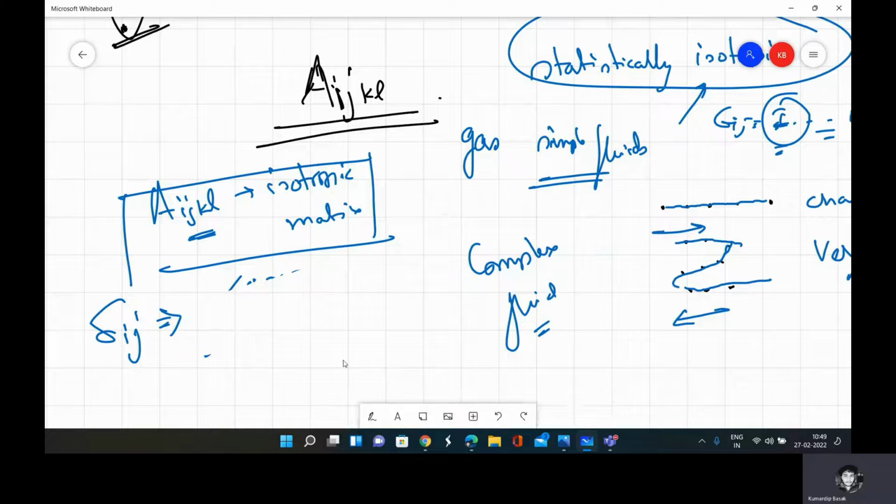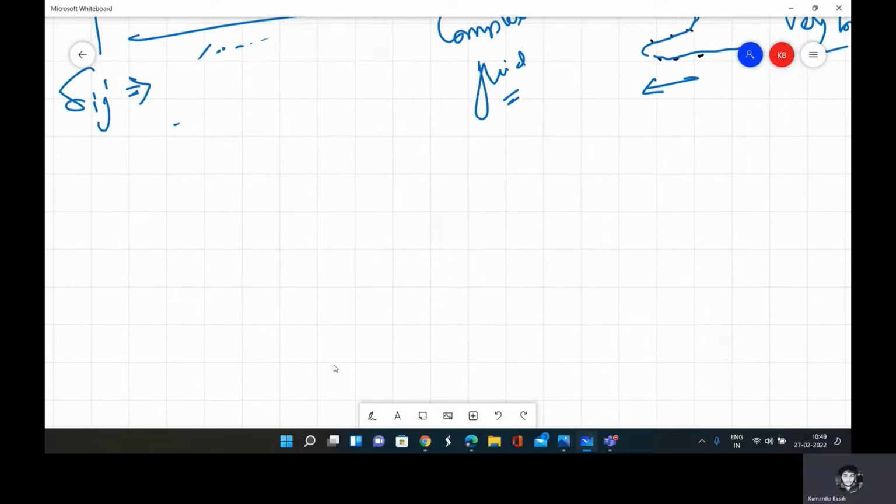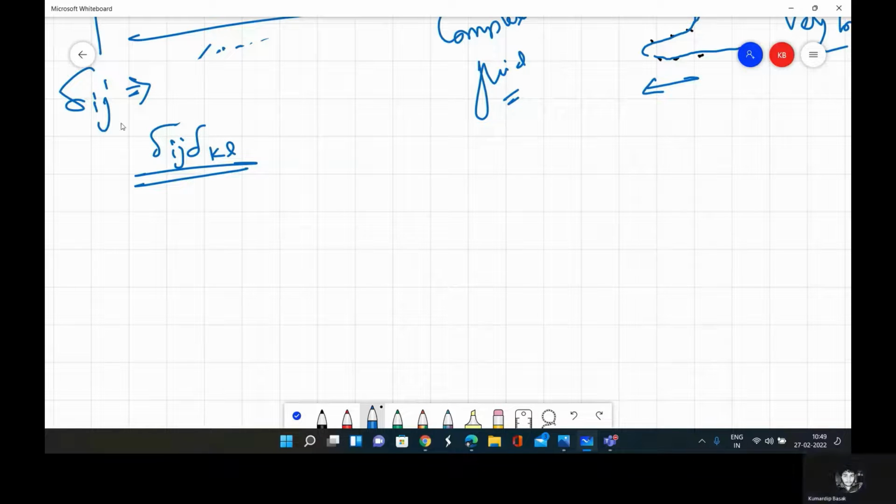Understand this very clearly, because this is the purely mathematical part again. We can write different combinations of delta ij, that is delta ij into delta kl. This is becoming a fourth order tensor, because there are four indices, and only if i equals j and k equals l will this become 1, otherwise it is always 0.